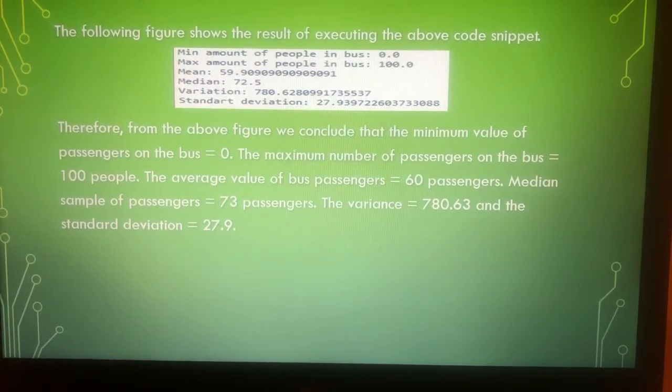The maximum number of passengers on the bus is 100 people. The range value of passengers is 60 passengers. The median of passengers is 76 passengers. The variance is 780.63 and the standard deviation is 27.9.